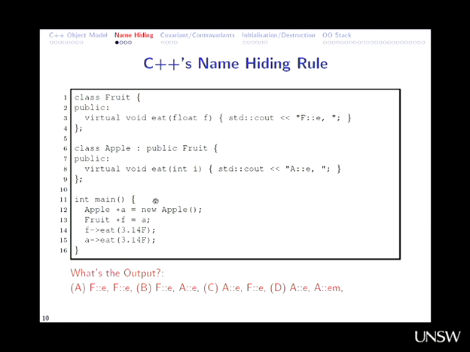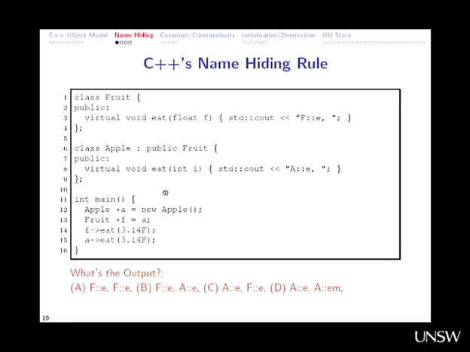Okay, so let's see what happened. F pointing to eat, I'm hungry as well, I want lunch. So it was a fruit. That came in and that was a float, and that function wasn't overwritten, so F-E gets printed out. And then a came in and it looked up this vtable here, and basically this int i was a better match than this inherited function, because what had happened was this eat function had been hidden.